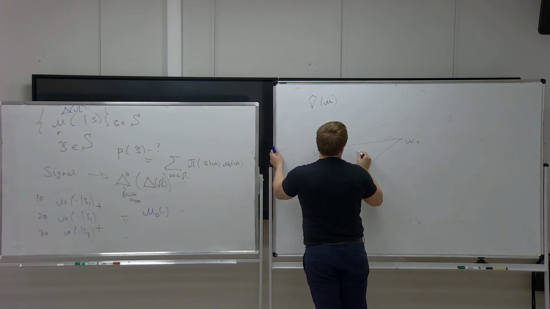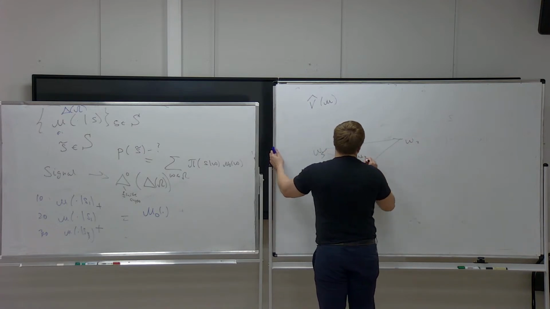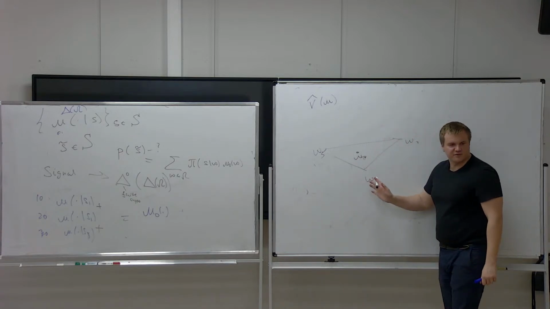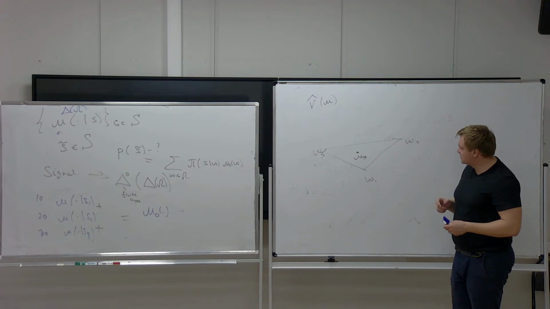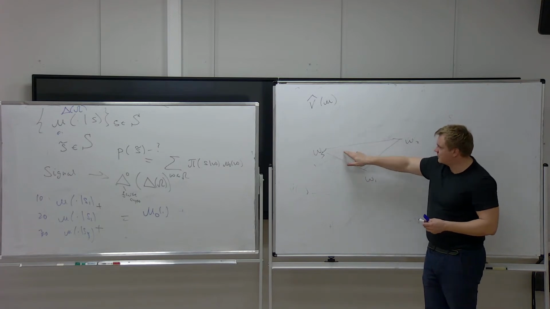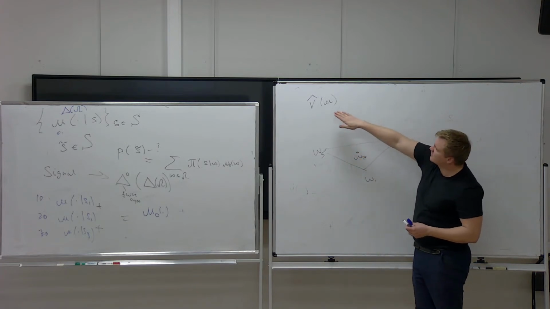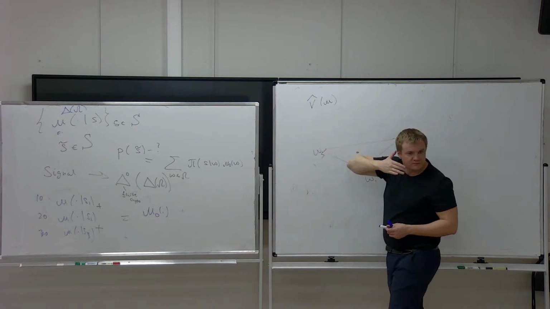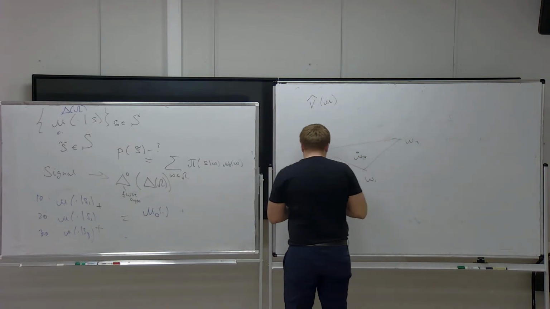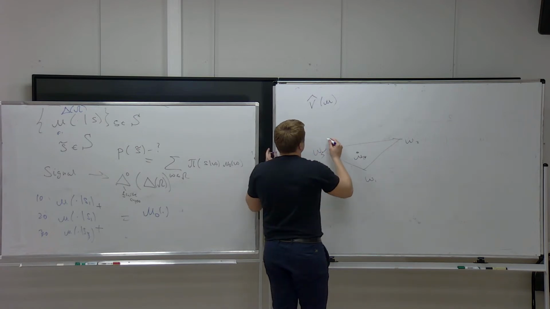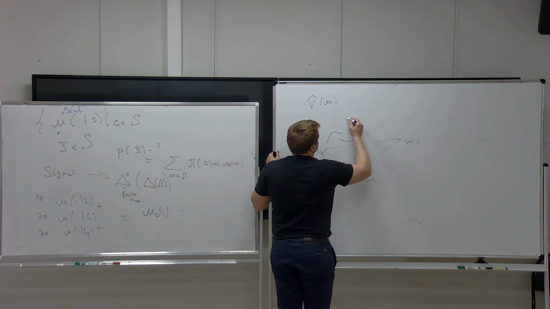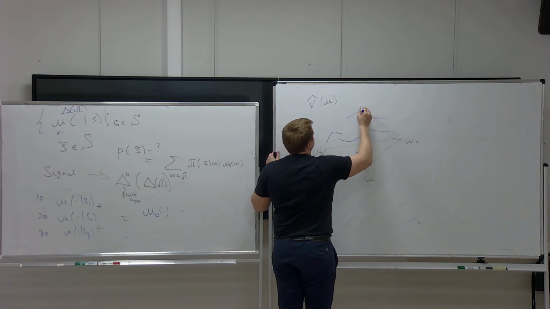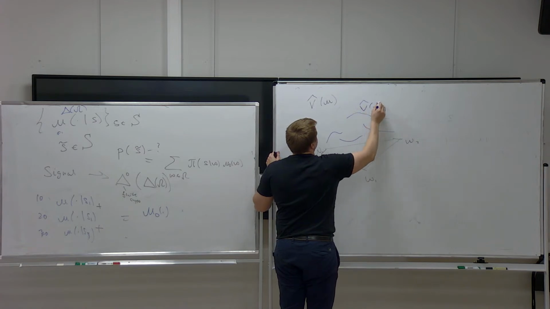And then here I have mu 0, which is an element of that simplex. Now, for each mu here, I can plot V hat. Okay, so let's do it. There's going to be some function. Now this is V hat of mu, the graph of it.